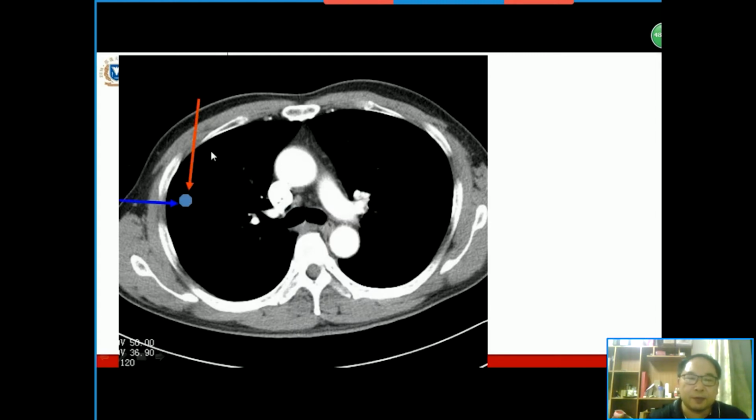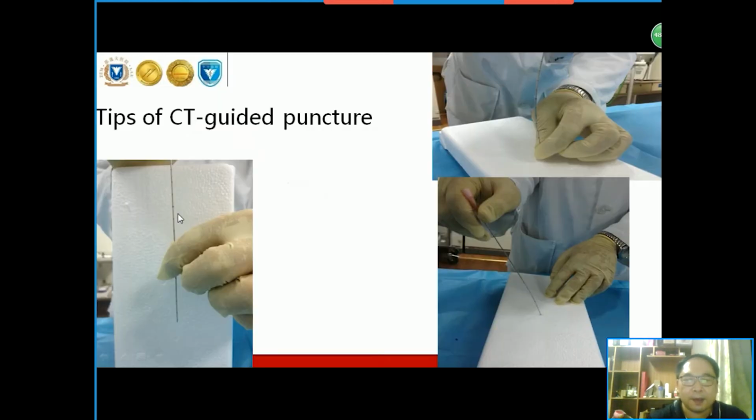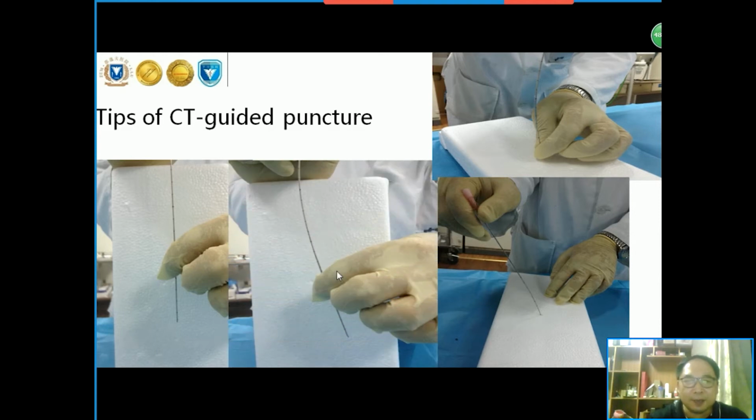And this is usually how I do it. Sometimes I use this technique to adjust the direction of the puncture, because we hold the cannula at the middle of this needle, and we can change the direction.